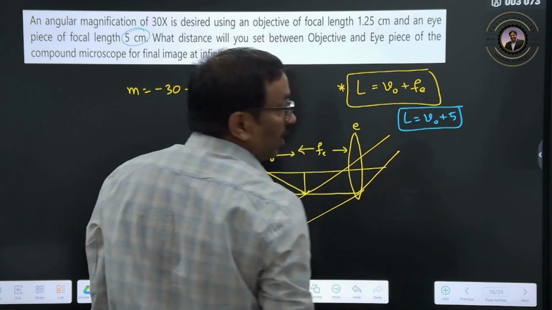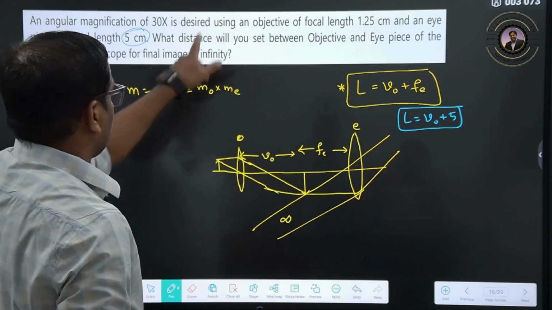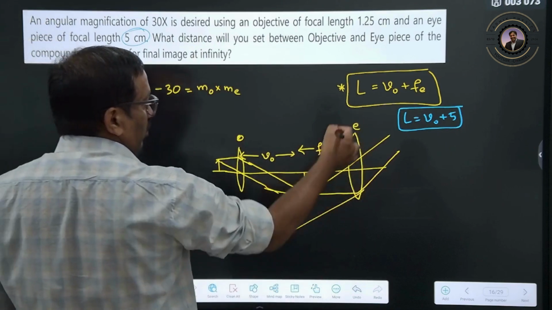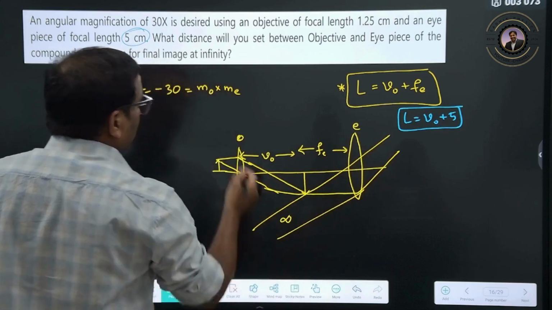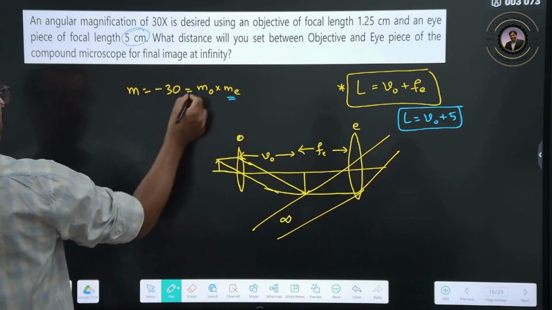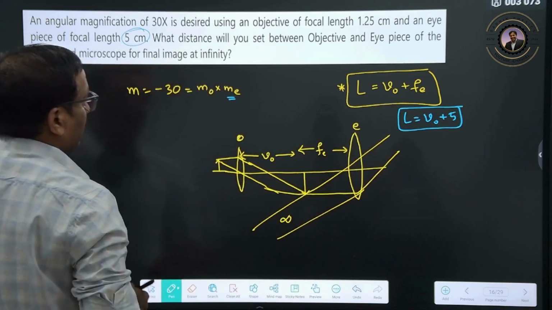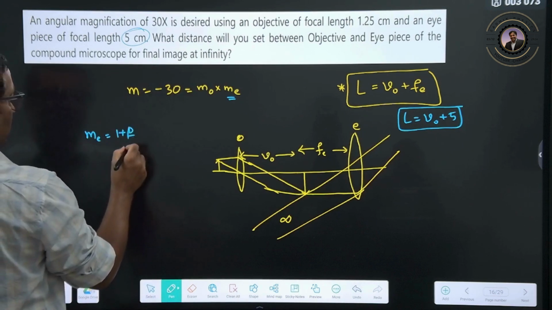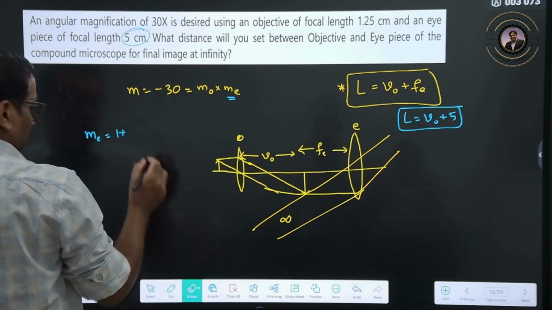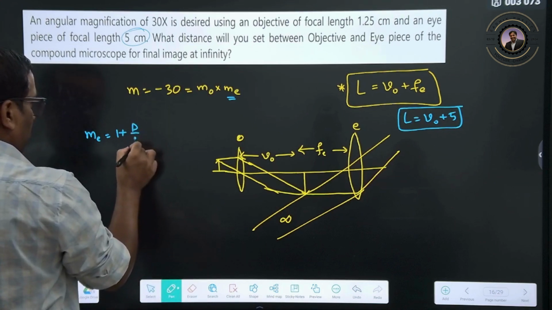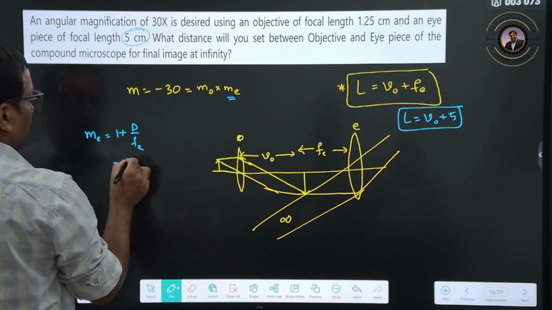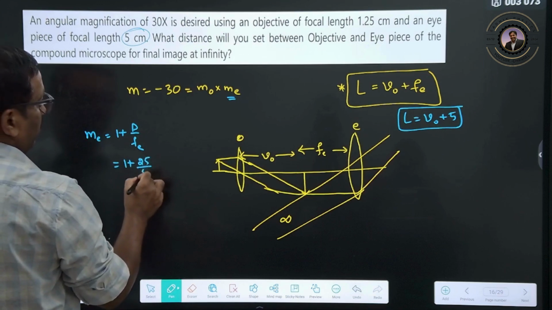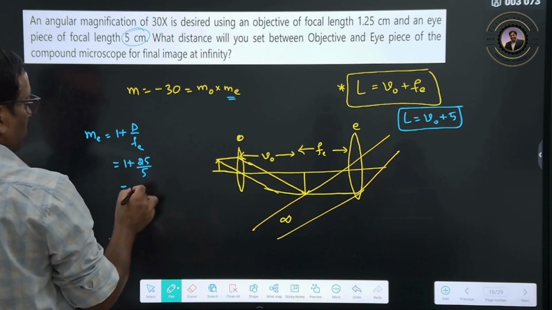So we want to calculate VO. But here he gave the magnification. Therefore, with this we can come from the reverse. We will calculate ME, because we want to calculate MO now. So ME we can write as 1 plus D by FE. 1 plus D is 25 by 5, therefore it is 6.